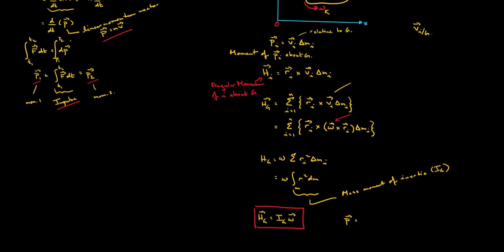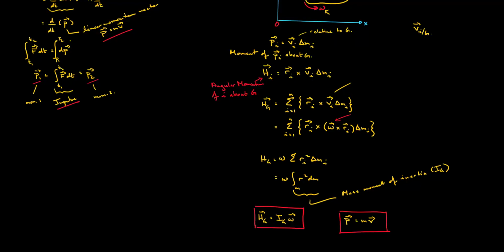So the linear momentum is equal to the mass times the velocity. And I've tried to point these out in previous videos where we see that there is an analogy between our rotational equations of motion and our linear equations of motion. So in the linear momentum, we have the linear momentum is equal to the mass times the velocity vector.